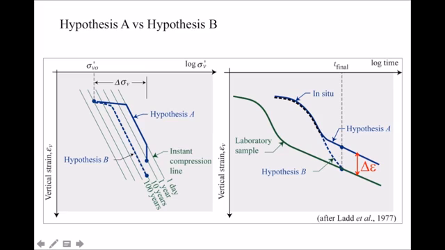Another aspect, but which is the most practical problem, is that with hypothesis A, we will have a strain time curve like this one, with the same settlement at the end of primary consolidation, while with hypothesis B, the settlement time curve will be as the dashed line here, with an end of primary consolidation which will be reached here.